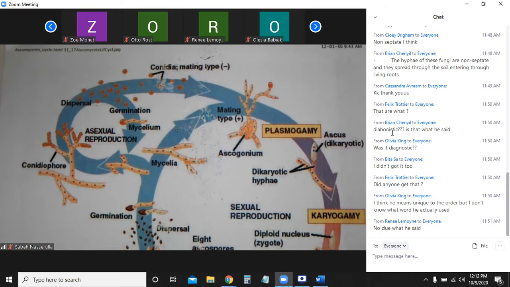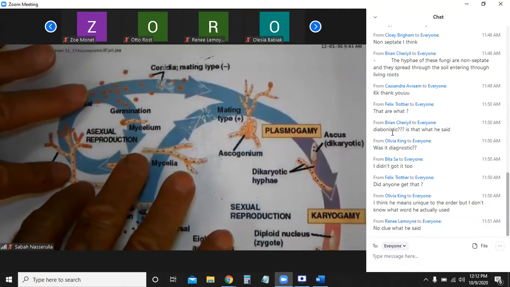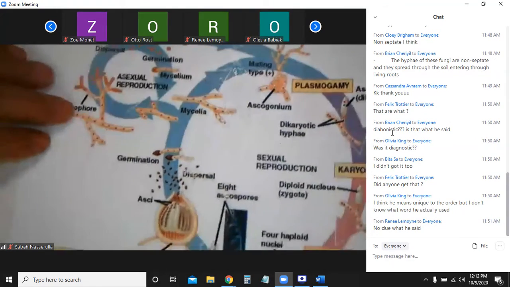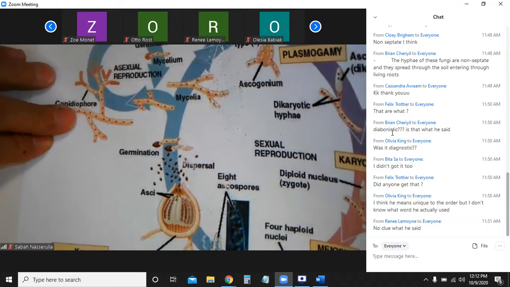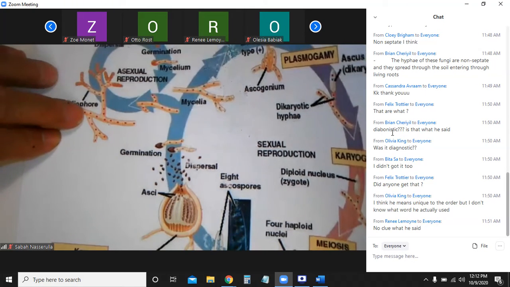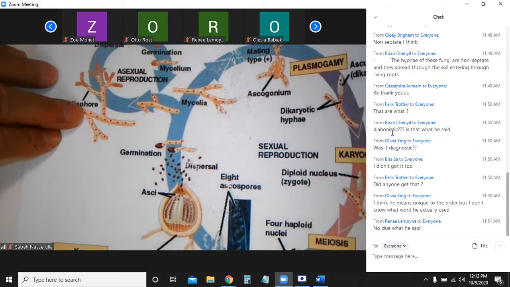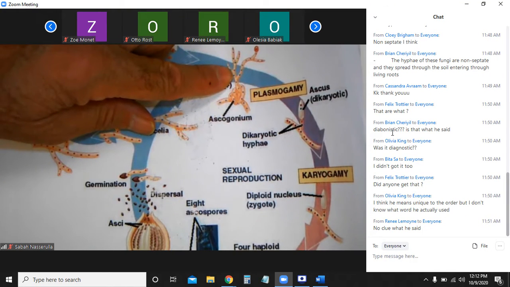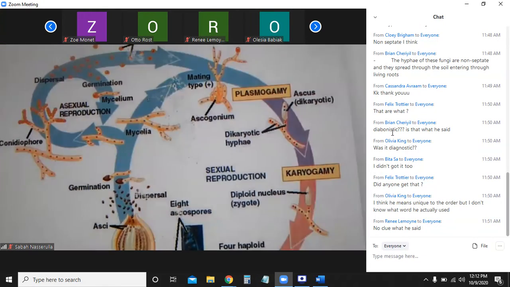Now, in these fungi, when plasmogamy occurs, the two nuclei coexist, as you can see here, with bluish and green cells. The karyogamy will be delayed for a long period, sometimes a year or more, and later on the two nuclei will unite and produce the zygote and undergo meiosis.